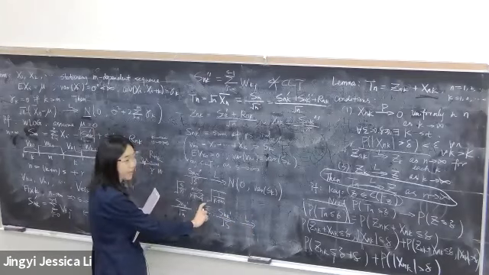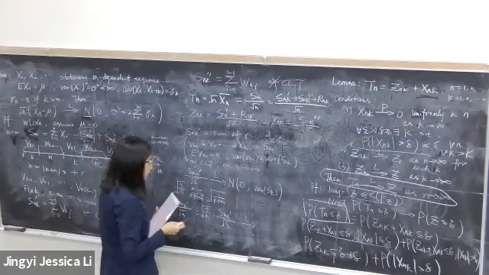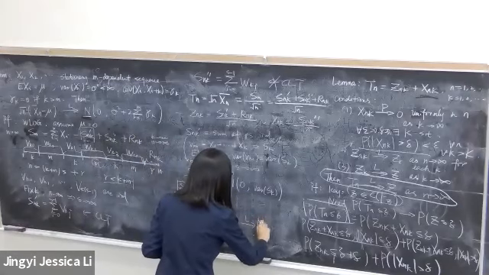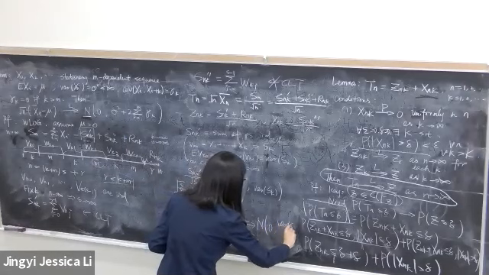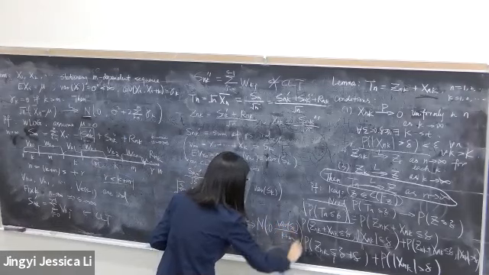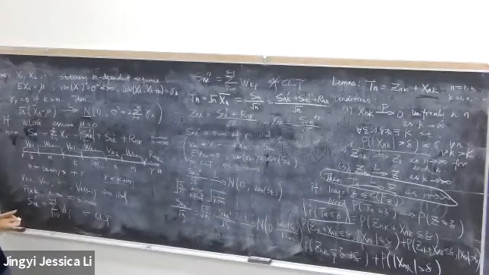The limit will enter the variance after being squared, so the limit is normal with mean 0 and variance sk divided by k plus m. That's what we have for this part.